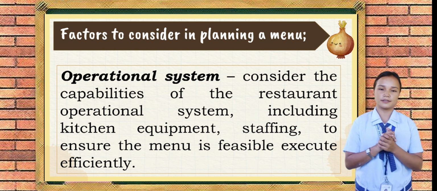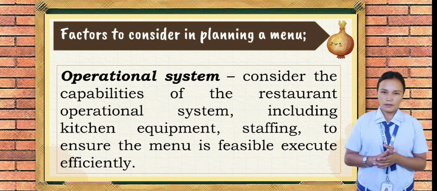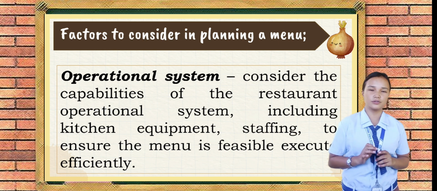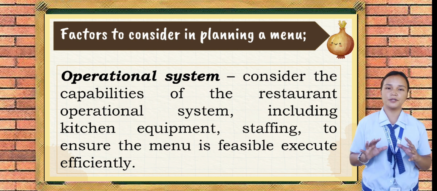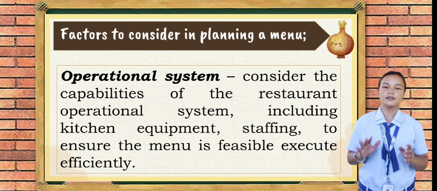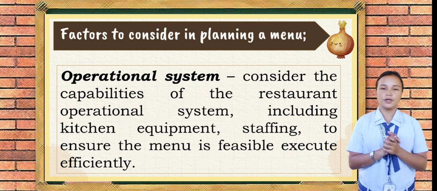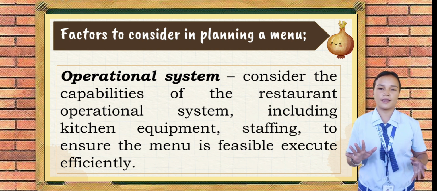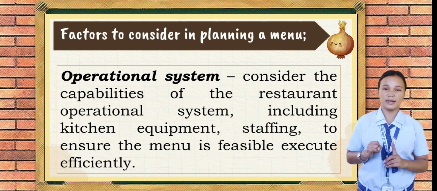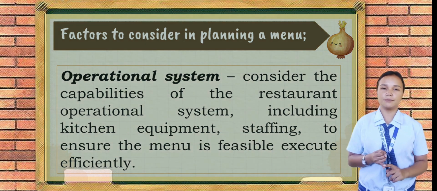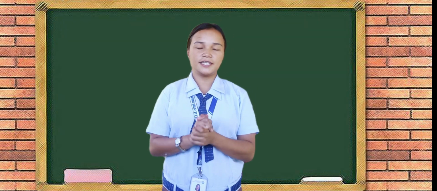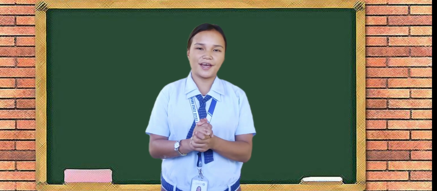Like for example, nag-offer ka og mga baked goods sa imong menu, wala kay sakto nga equipment para mabuhat ni, so dili jud nimo siya mahatag sa mga customer. So kinahanglan jud nga atong i-consider ang operational system, especially the kitchen equipment sa atong restaurant una ta maghimo og menu. So that's all the factors that need to be considered in planning a menu.